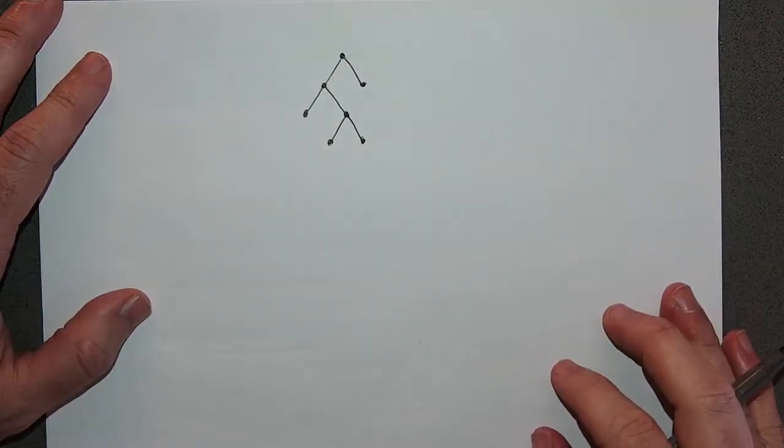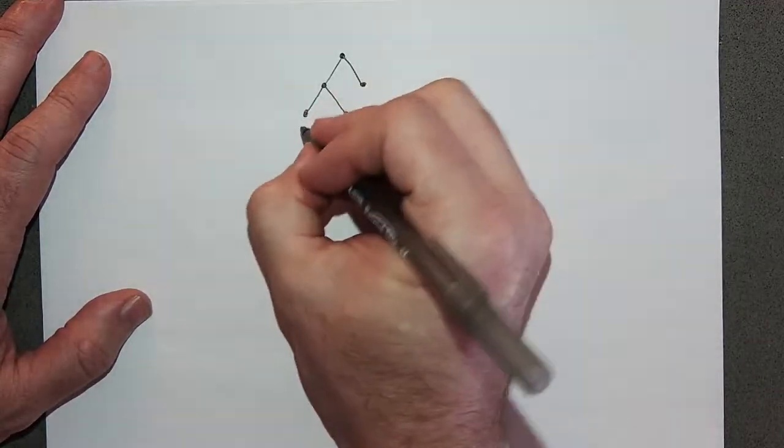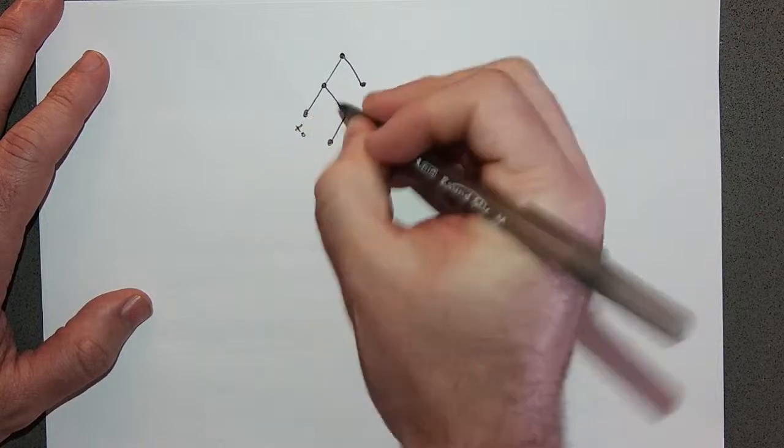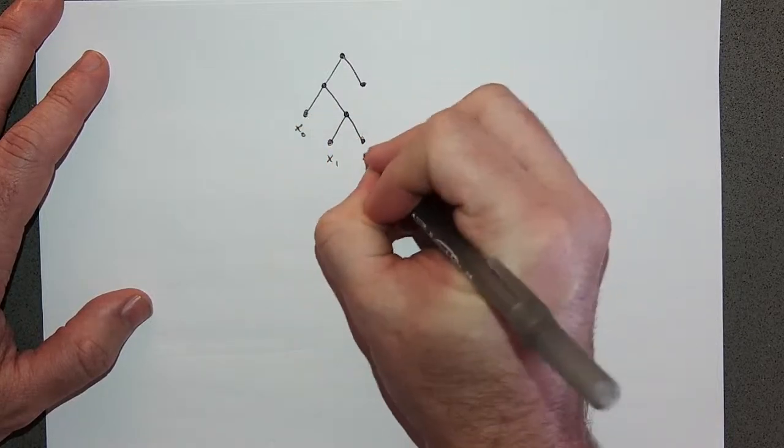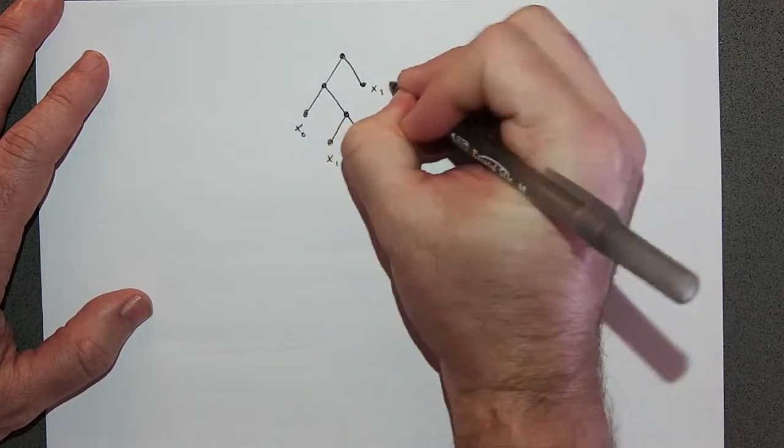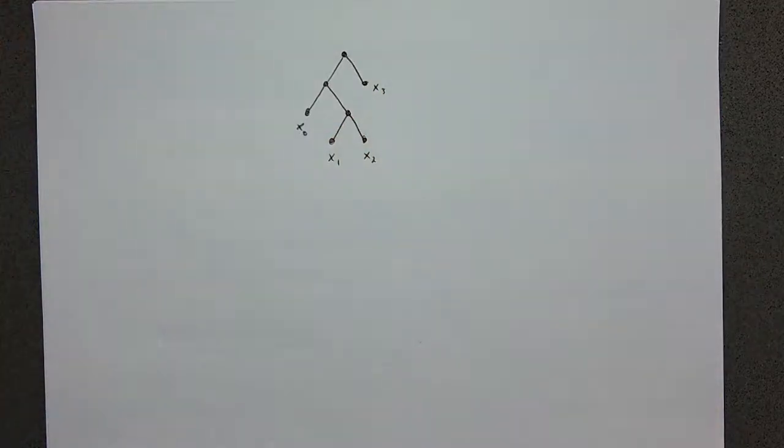Okay, let's do the same thing that we did before. We're labeling them from left to right, x0, x1, x2, x3. What are we labeling? We're labeling the leaves. And I claim because we have three parent vertices, we always have 3 plus 1, that is k plus 1 leaves. This gives us k plus 1 matrices here with this labeling.